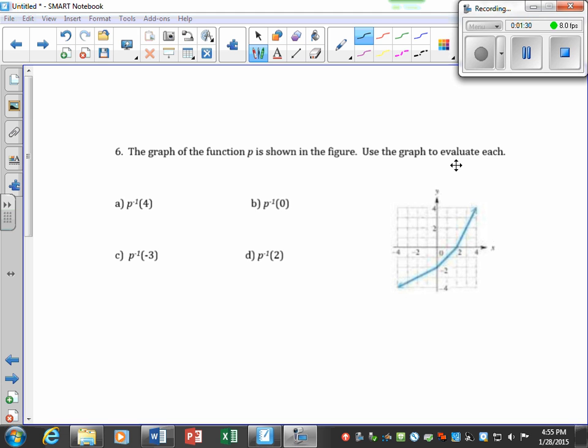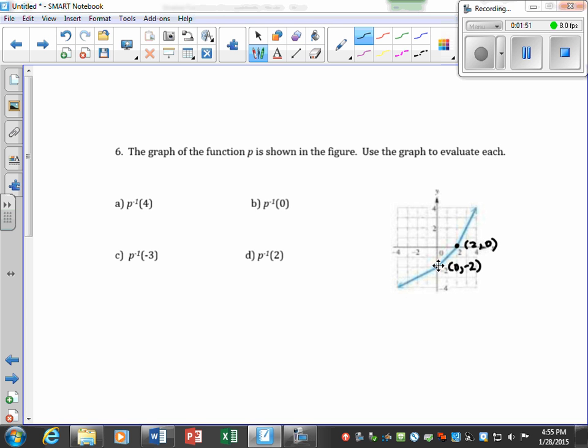Now, we're going to be given a picture and asked to evaluate, and this is slightly blurry, so I'm going to go through and name some points on here. For example, my original function: this is the point (0, -2). This is the point (2, 0).